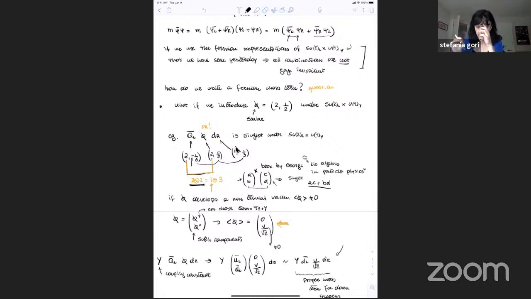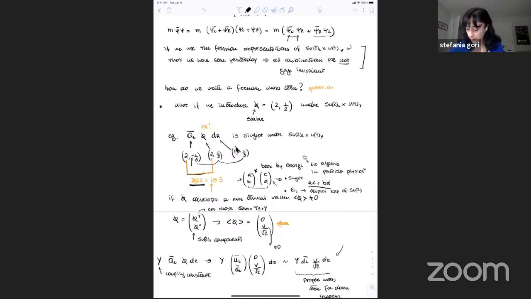But this is not the only possibility because in principle, you can put together the 2 doublets using the epsilon tensor. And if you do so, you can again demonstrate that you get a triplet representation of SU2, so that once you do an SU2 transformation on this object, you get something that is not a singlet.